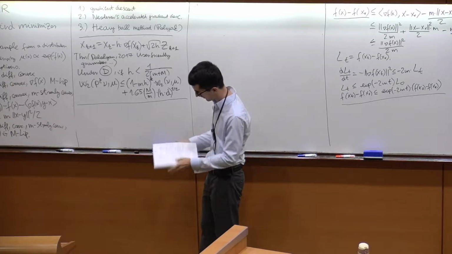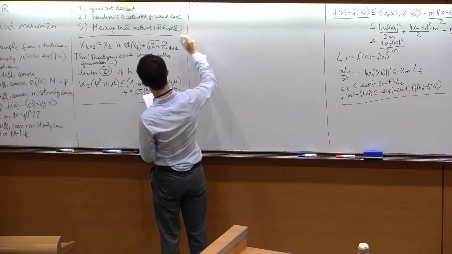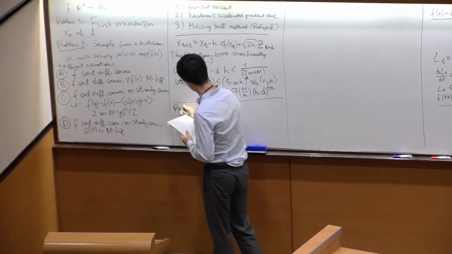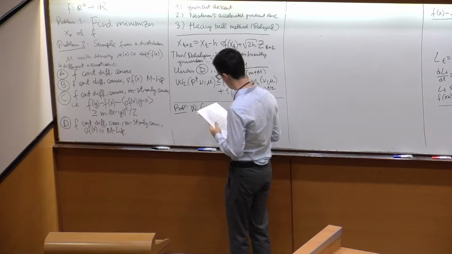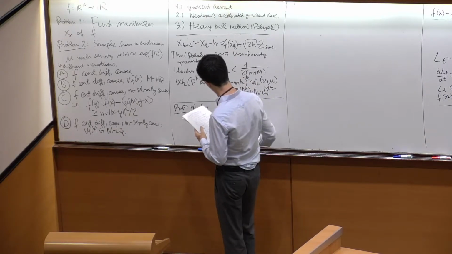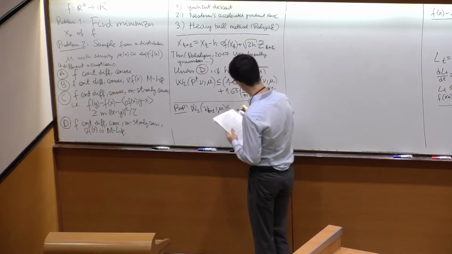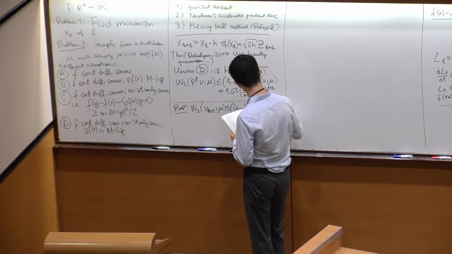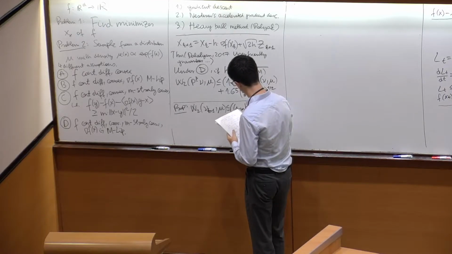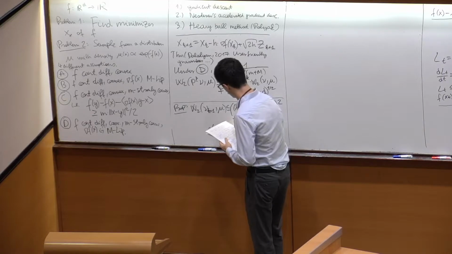So the following proposition holds, and then alpha equals 1.65.